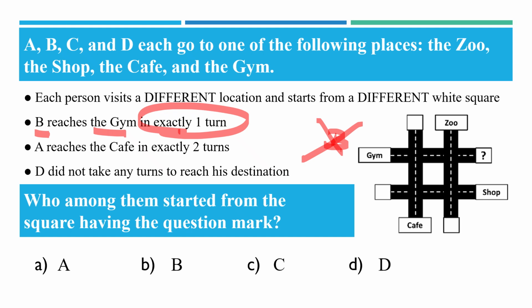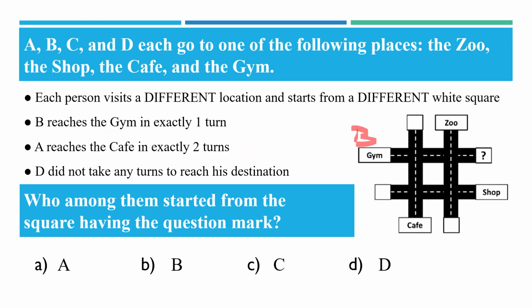A reaches the cafe in exactly 2 turns. Cafe is here. If A starts from here, he needs only one turn, but here they have mentioned 2 turns. So B is going straight to the gym, he's not from the question mark.